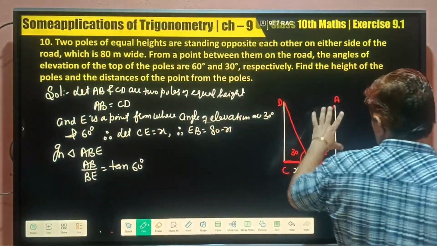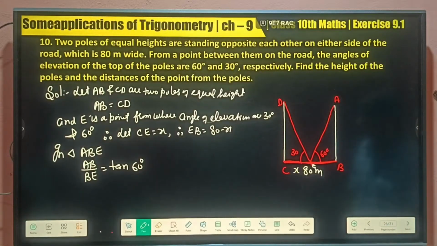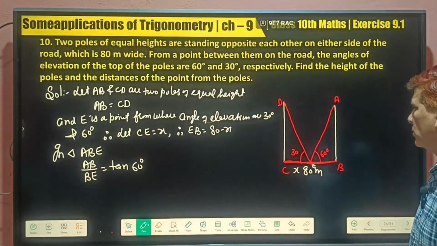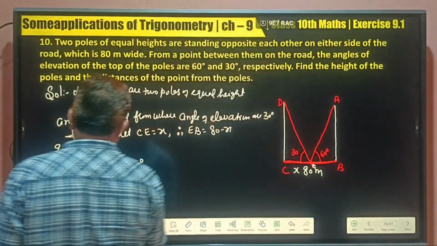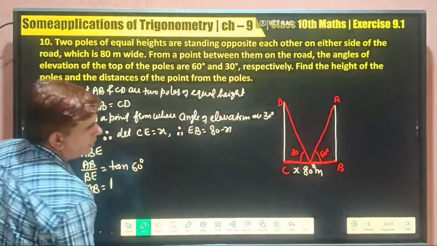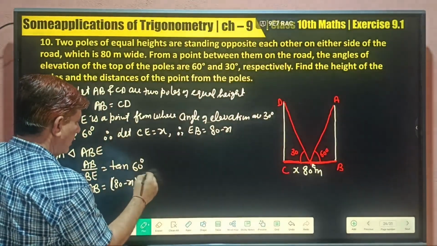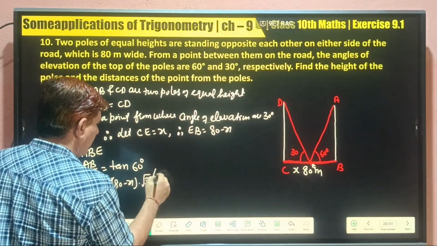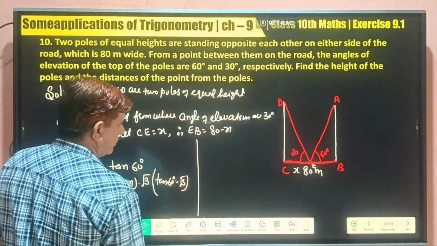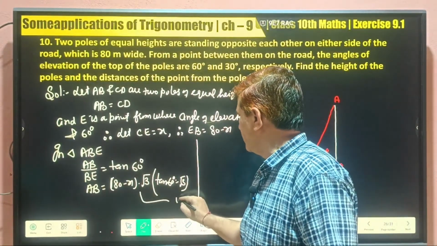AB is the perpendicular, BE is the base, perpendicular by base is tangent. I already told you I will solve it using three trigonometric ratios. So AB is equal to BE, BE is 80 minus X, times root 3. Why? Tangent 60 is equal to root 3. Understood? This we can say is equation 1.